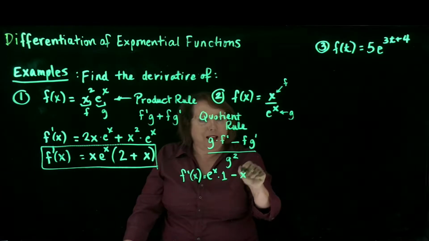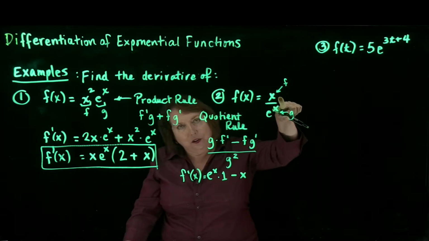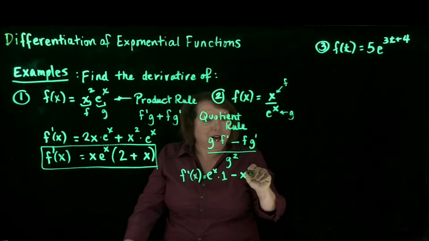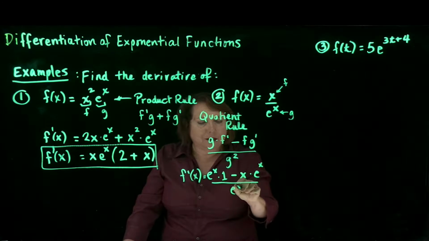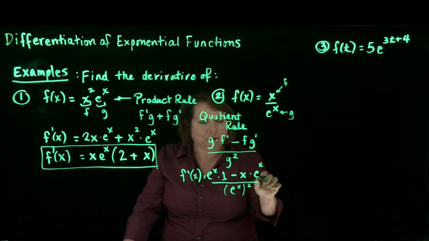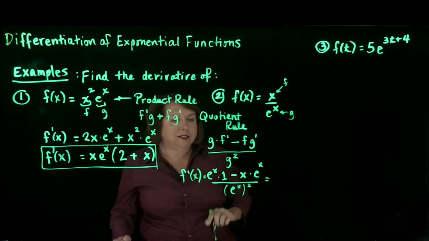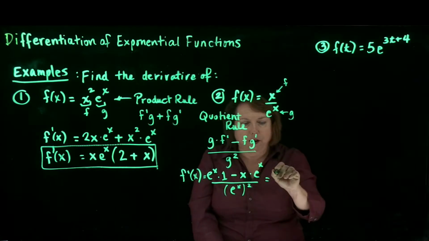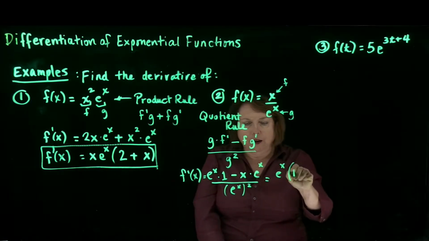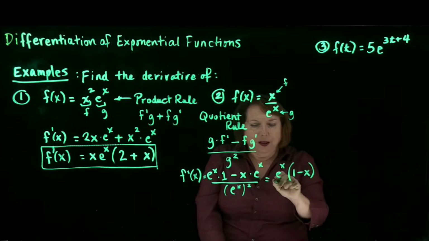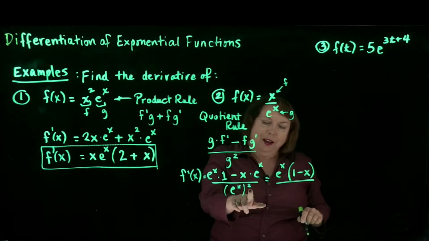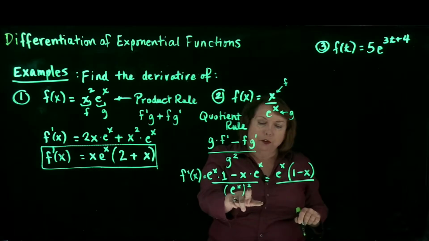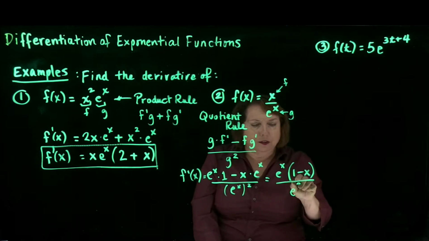Minus my function in the numerator, x, times the derivative of e to the x, which is just e to the x, all of that divided by e to the x squared. And I'm going to simplify it a little bit. I can factor out an e to the x, leaving 1 minus x here, divided by, and I can simplify my exponent and my power here. I multiply them, so it'll be e to the 2x.